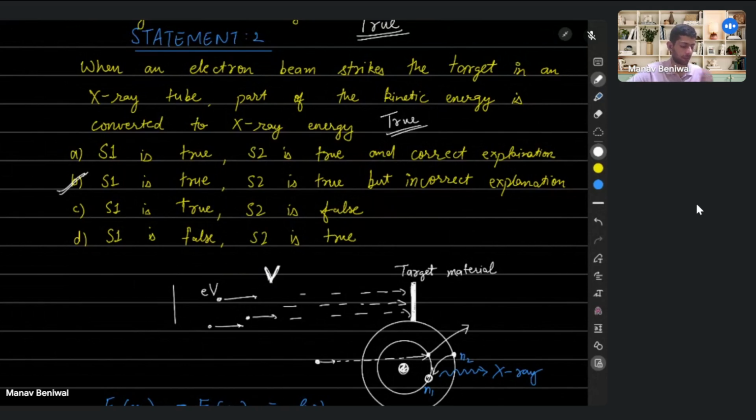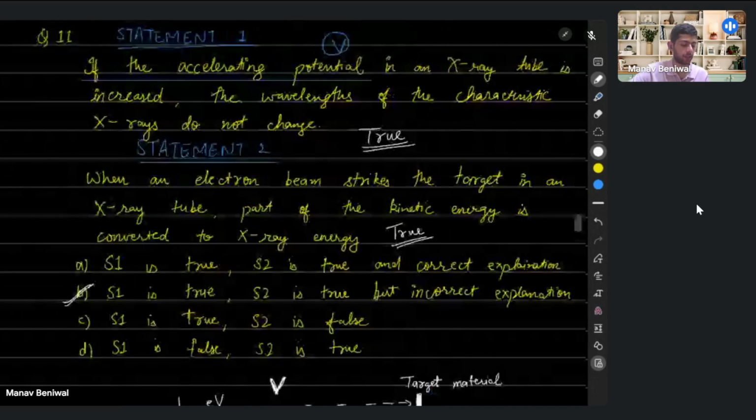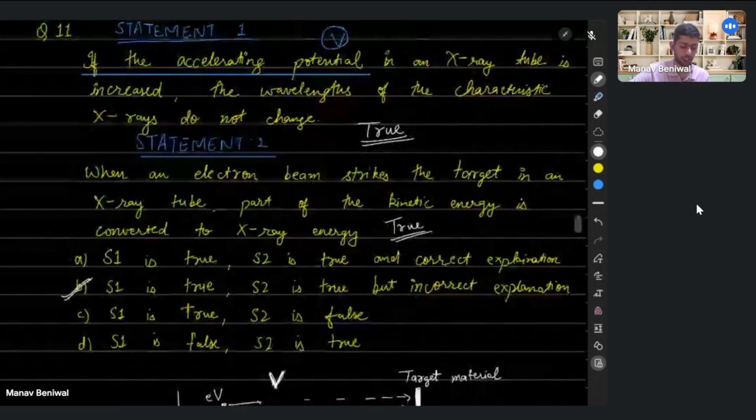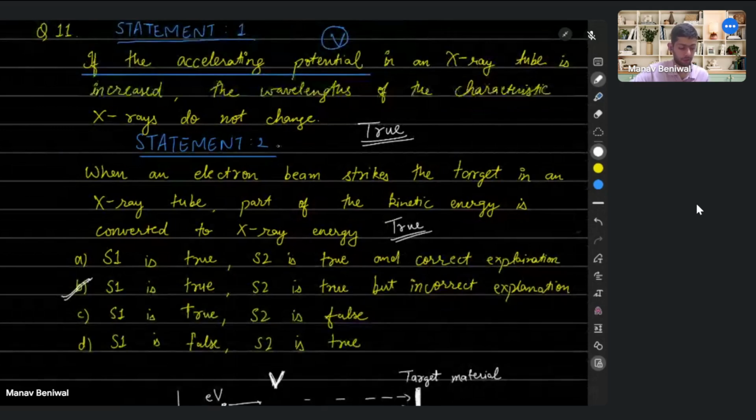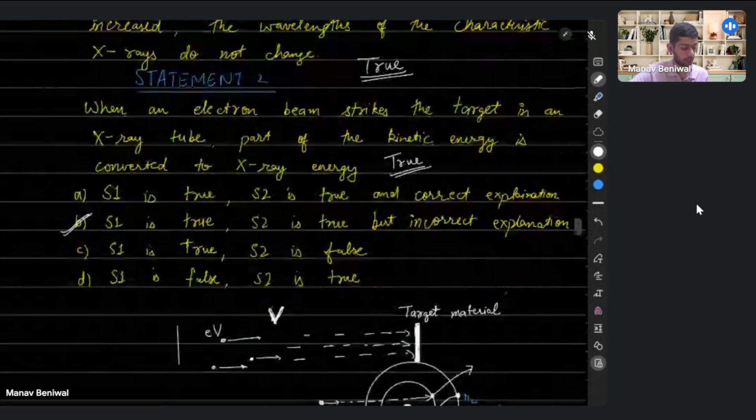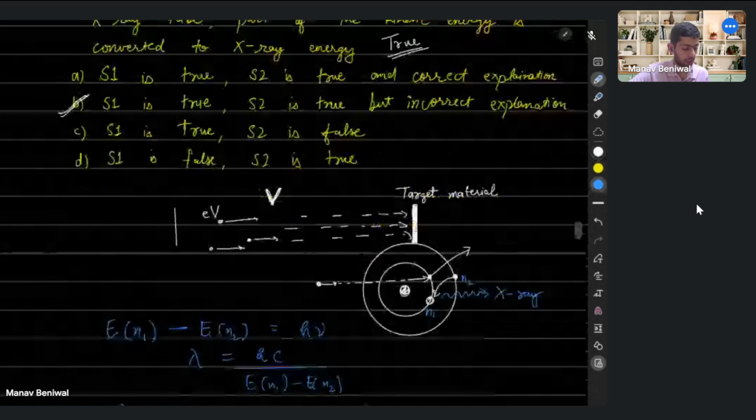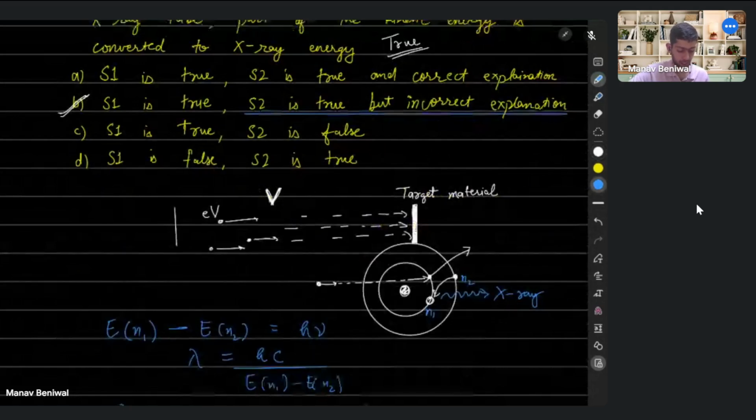It is a general statement, therefore it is true, but it does not explain why the characteristic X-rays do not change their wavelength if we increase the accelerating potential. So statement 2 is not the reason why statement 1 is true. Statement 2 is true, but it is not the correct explanation. Therefore the correct option is B.